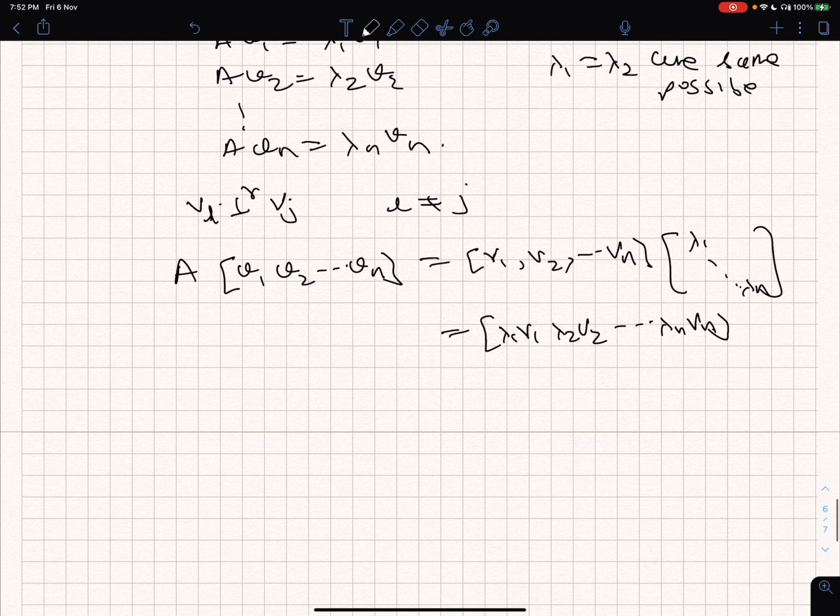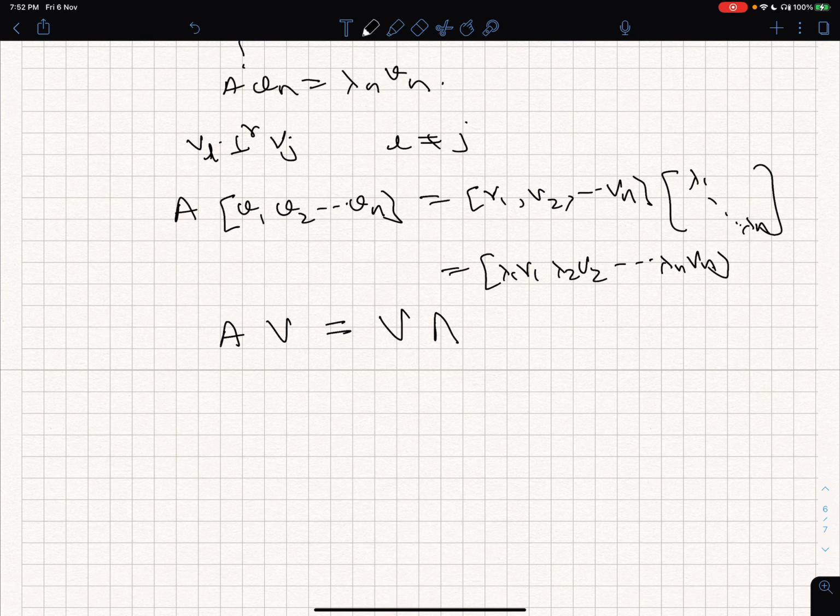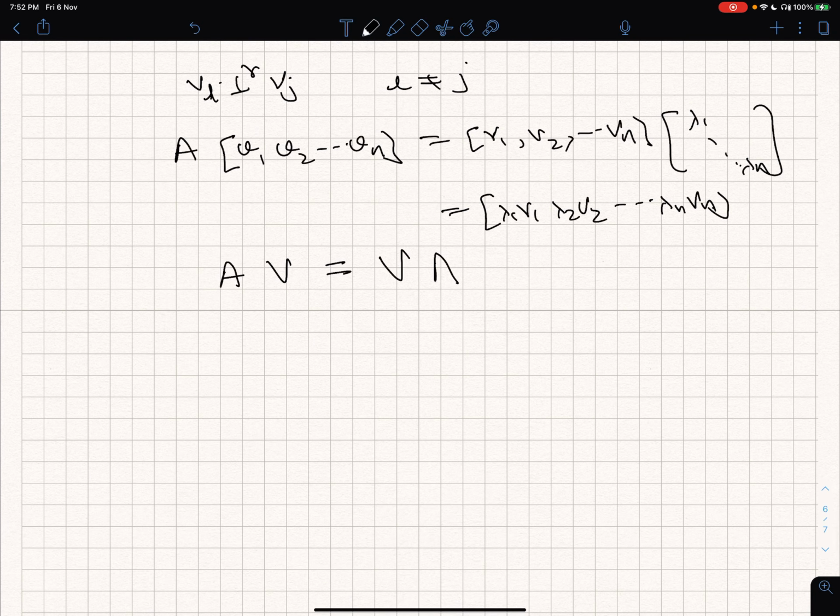Now let's call this n cross n real matrix V, and the diagonal matrix of the eigenvalues a diagonal matrix lambda. Then we can write this as AV equals V lambda.